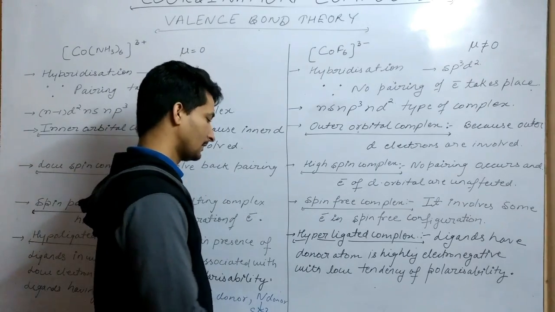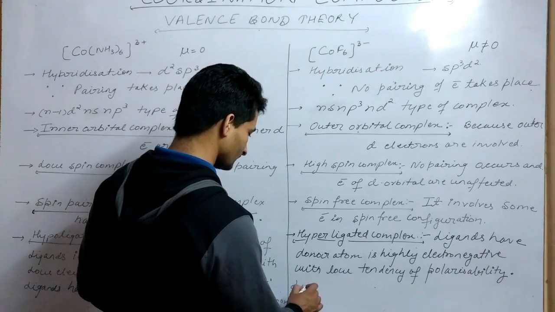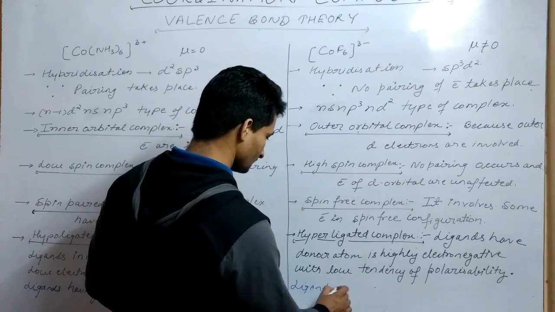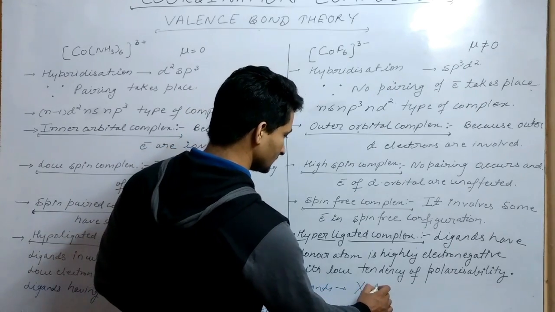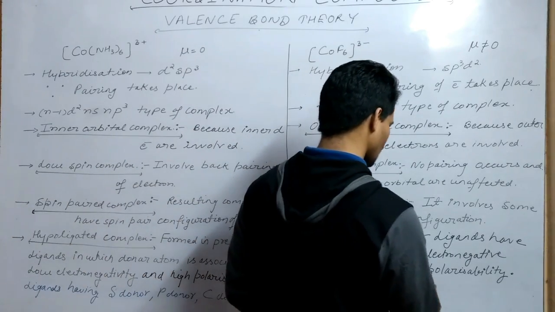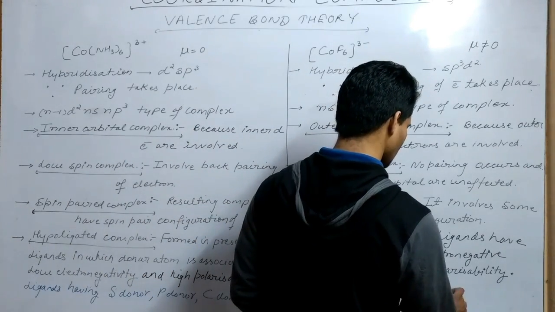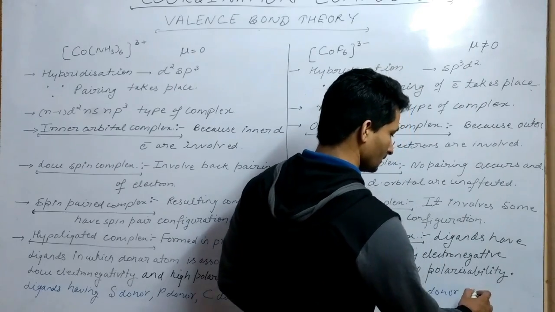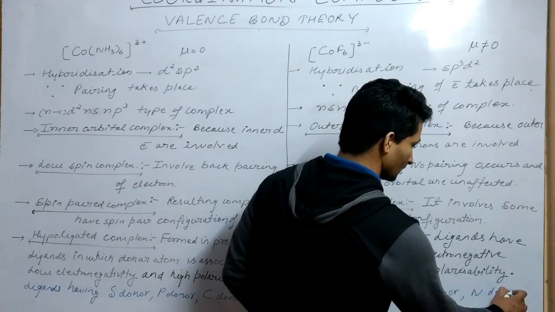These ligands are halogens as donor, O donor or N donor.